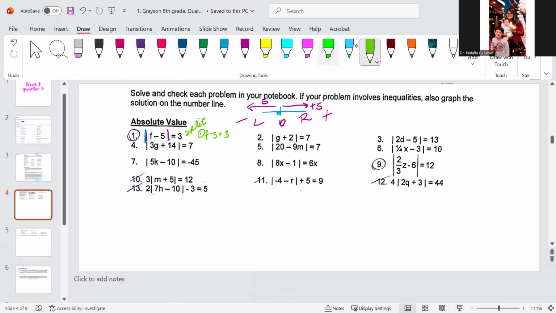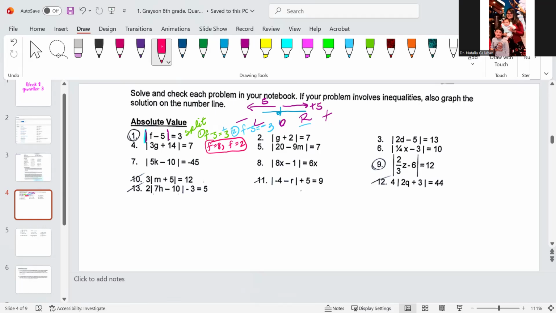The second one, f minus 5 equals, well, you see how this is a positive 3? That's the right side. The left side is going to be a negative 3. Do you see that? And then solve. So you solve for this, you have 5 on both sides. Negative 3 plus 5 is, that's your answer. Do you see that?